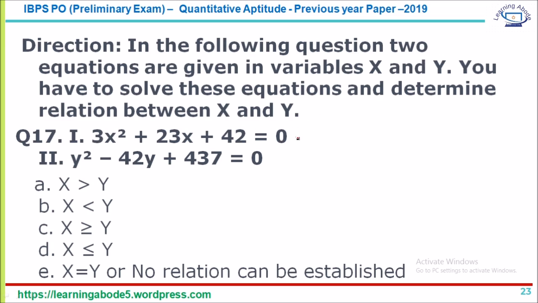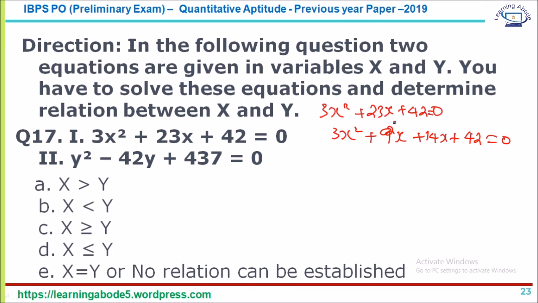Now first equation, just take it as a quadratic equation. Here 3x square plus 23x plus 42 equal to 0. So how do we solve a quadratic equation? We just split the middle term. 3x square plus 9x plus 14x plus 42 equal to 0.